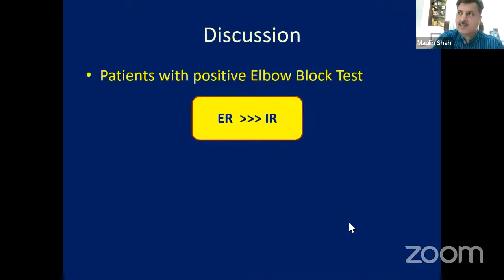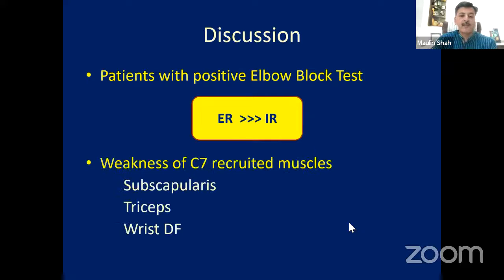So if we discuss this paper, we found that the patients with positive elbow block test have more degrees of active as well as passive external rotation, and they have more limitation of active as well as passive internal rotation. So they have more affection of internal rotation rather than external rotation, which we typically see in C5-6 palsy.